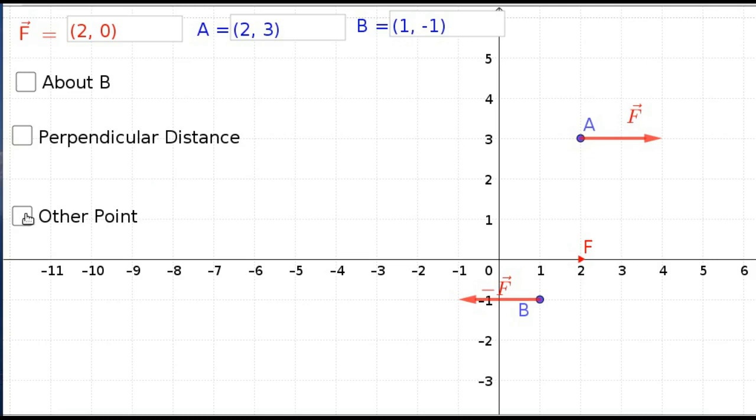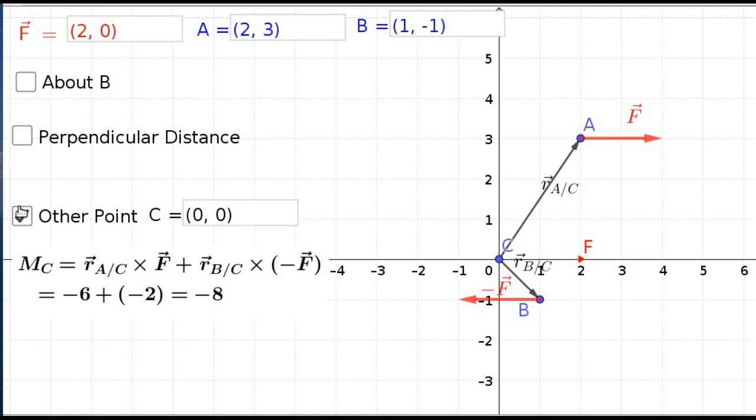The real interesting thing about the couple is when we go about another point. When we go about another point, here the origin, we have actually two moments. We have a moment generated due to the F vector and a moment generated due to the minus F vector.